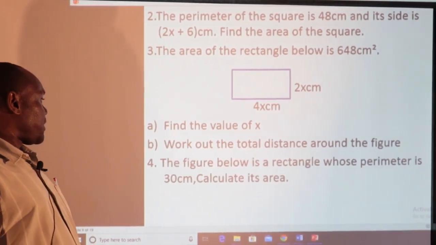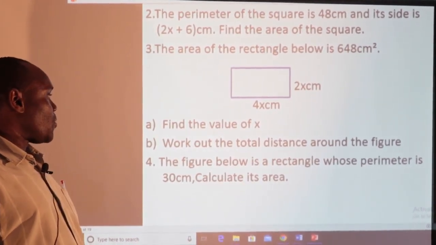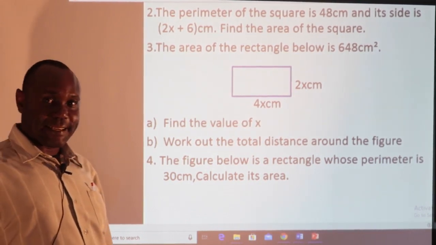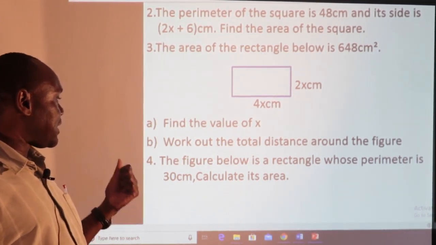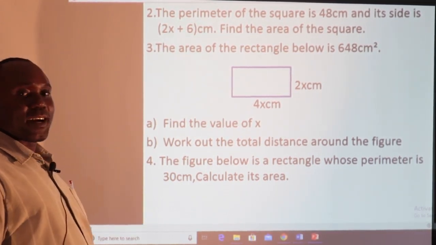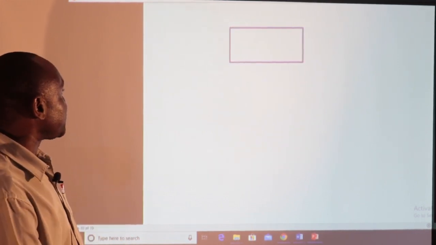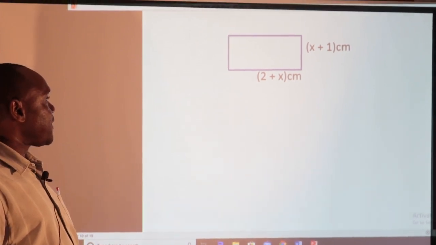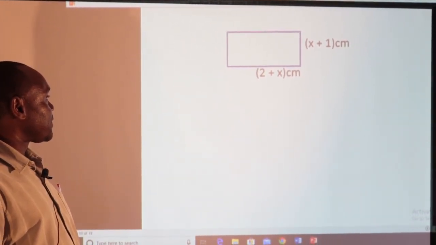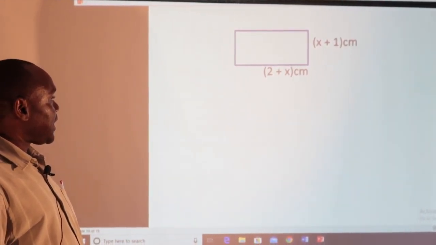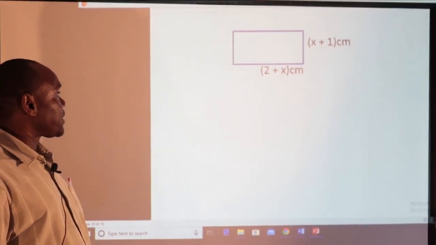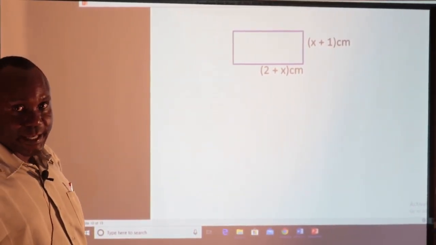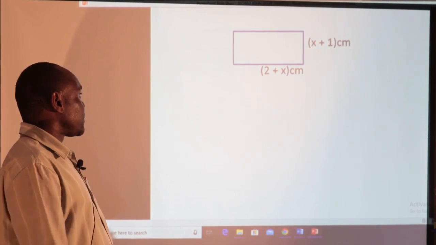Question 4, the figure below is a rectangle whose perimeter is 30 centimeters. Calculate its area. That is the figure. The length is 2 plus x centimeters, and then the width is x plus 1 centimeters.